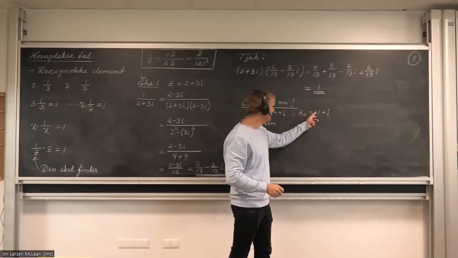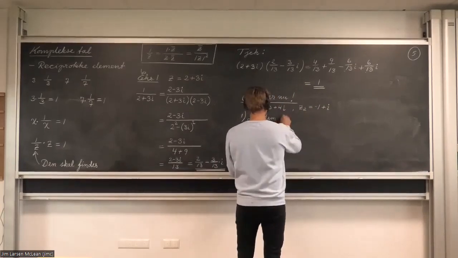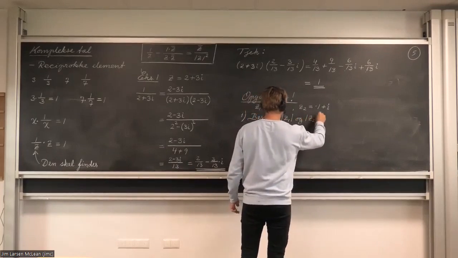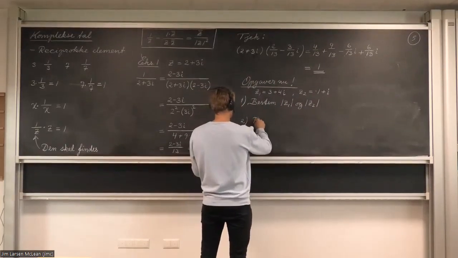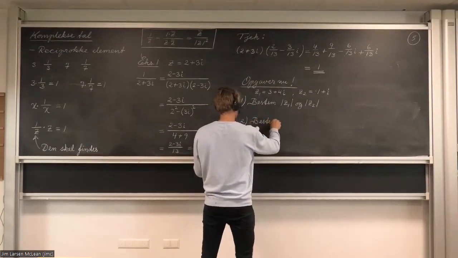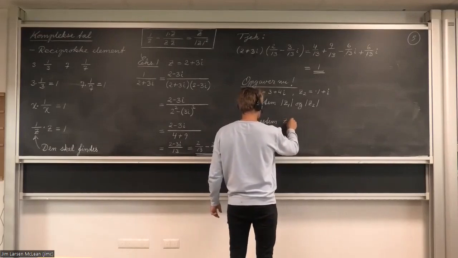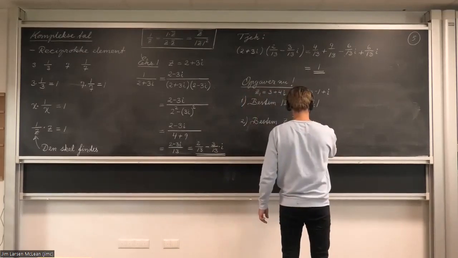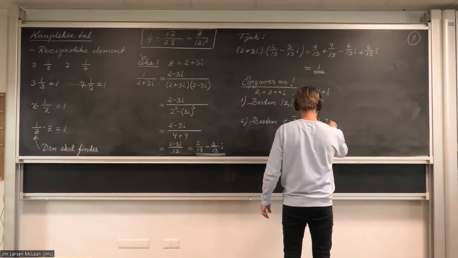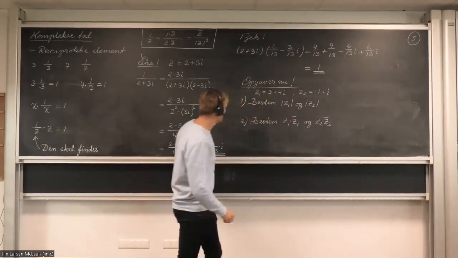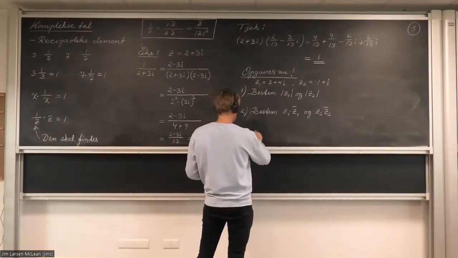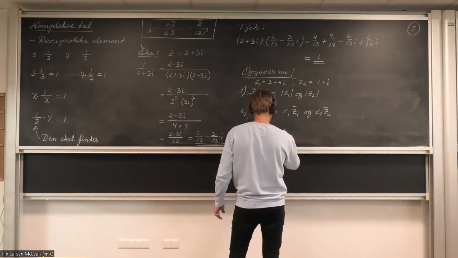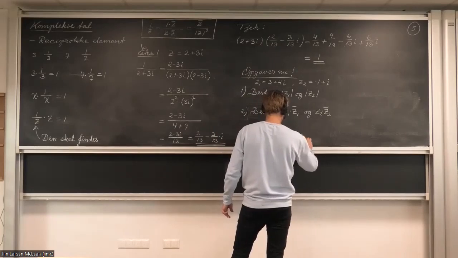The other is called Z2, minus 1 plus i. Task 1: you need to determine modulus Z1 and modulus Z2. Task 2: multiply each by its own complex conjugate, Z1 and Z2. And exercise 3: find the inverse element or reciprocal element to Z1 and the reciprocal element to Z2.